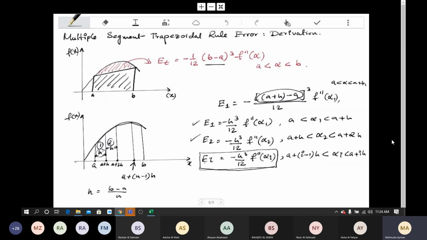This one here is the general formula for the error of one segment, right? If you have doubts, please ask me. We have to calculate the summation of all of these errors. That will give us the error for the multiple segments.